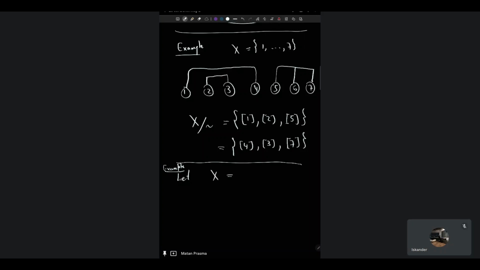I take X to be the Cartesian product of natural numbers with itself.